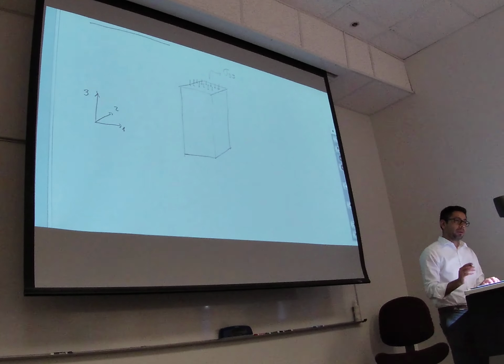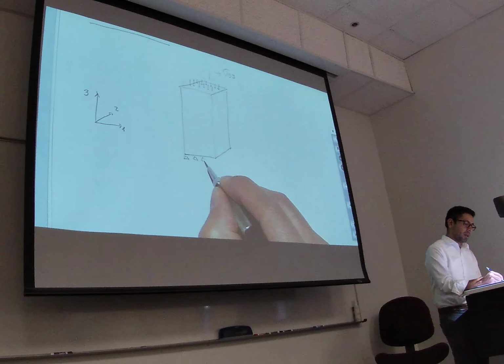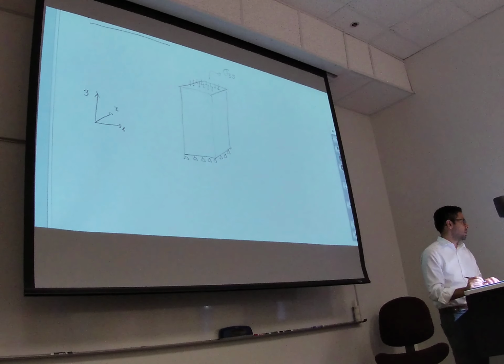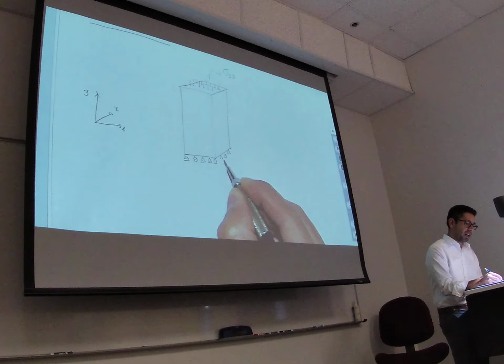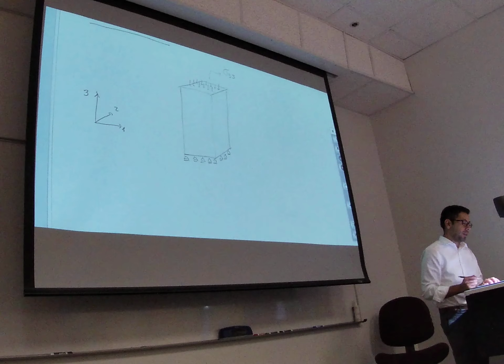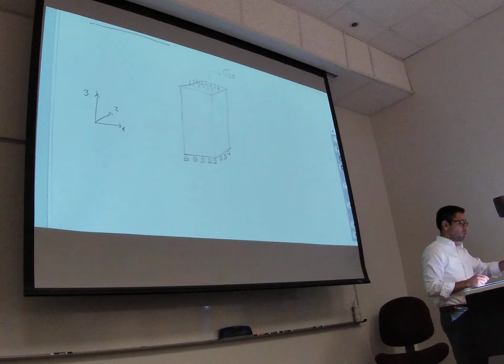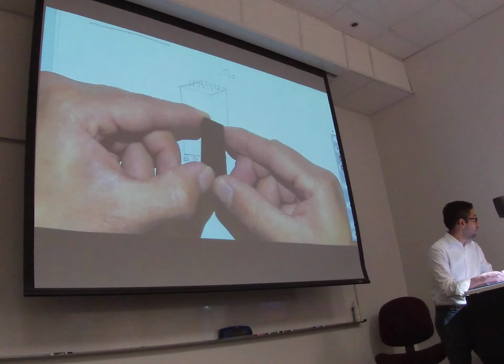I'm going to apply stress on one side, and this other side I'm not going to let it move. Those triangles mean that it's not moving in direction 3, but it's on rollers, so it can move in directions 1 and 2. This will be very similar to this piece of rubber that I have over here.